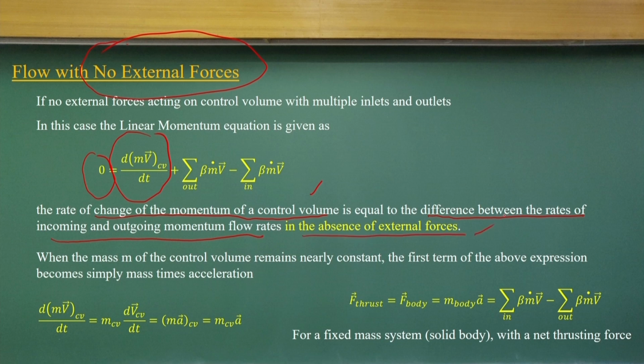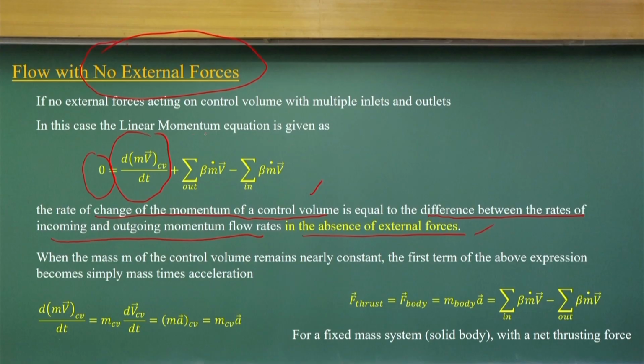If you consider a control volume where conceptually no external force is acting, that problem is quite simplified, because applying the linear momentum equation, the net force is equal to 0.